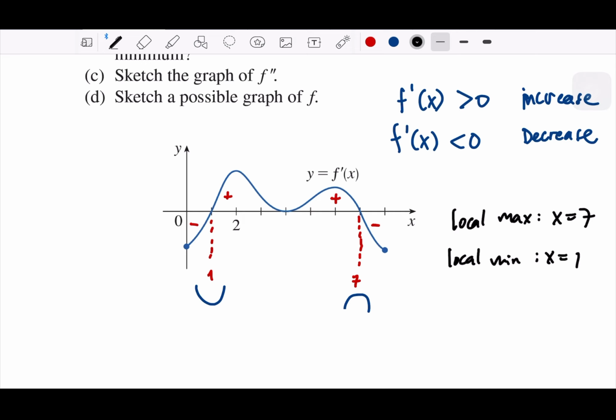You see that it's negative to positive, so it should be going down and then going up. Positive to negative, so it's going up and going down, like a mountain. So that means it's going to be local max.